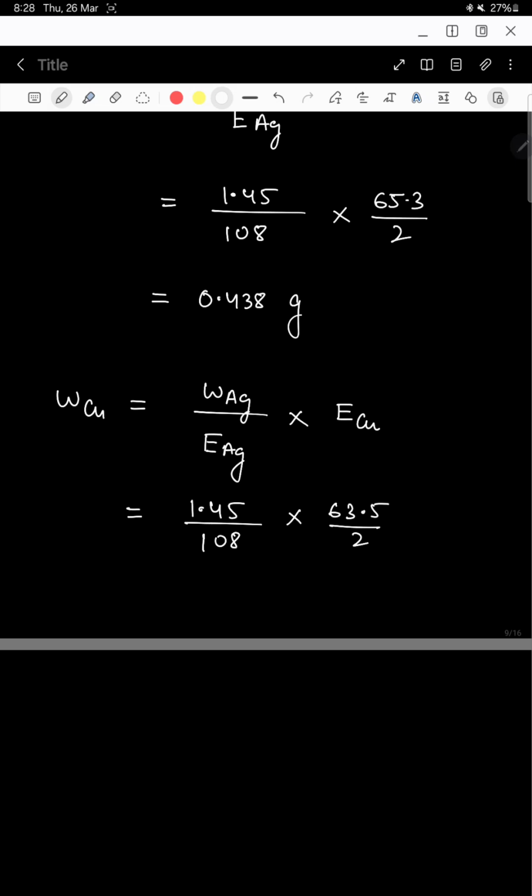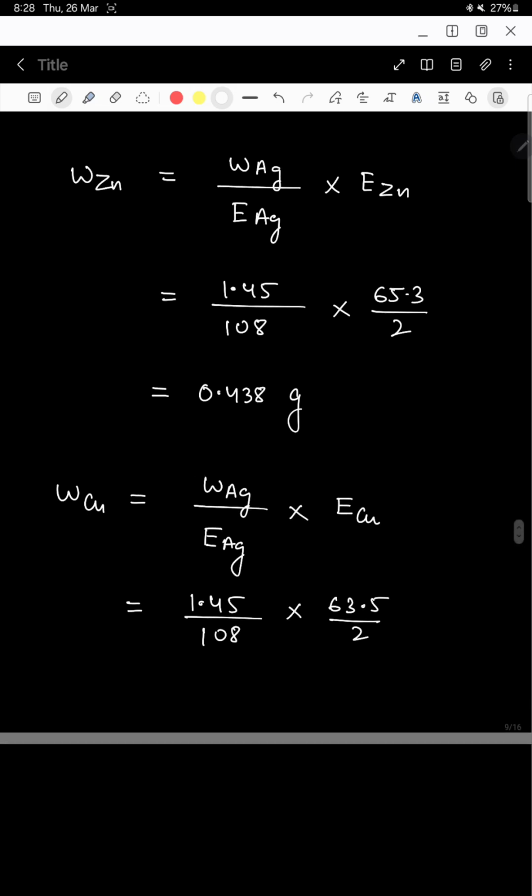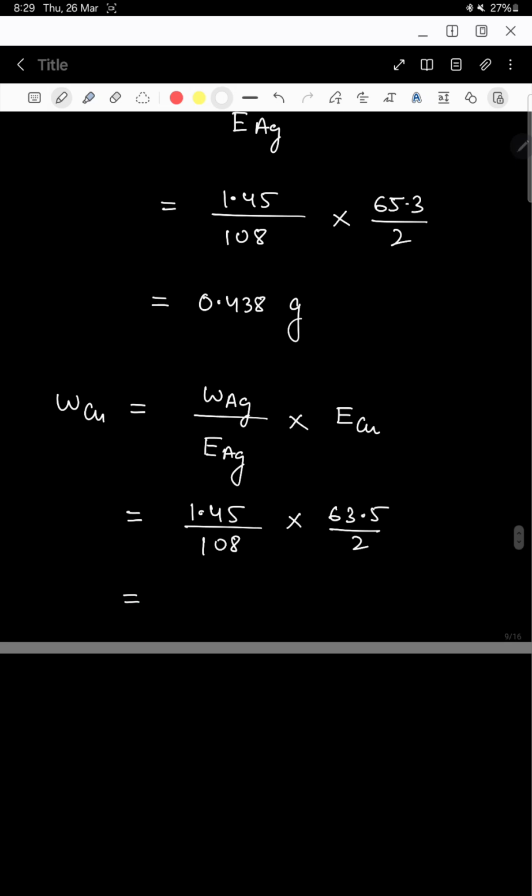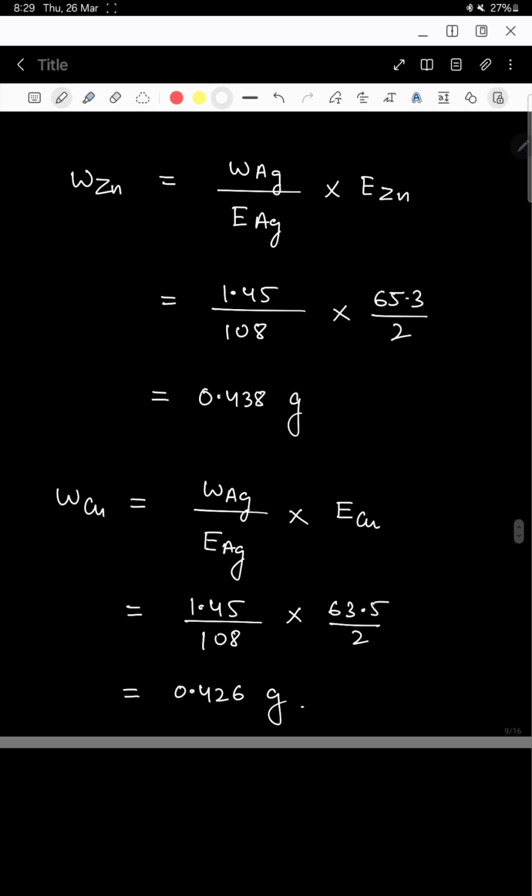So this is how you can calculate the mass of copper. So 1.45 into 63.5 divided by 108 divided by 2. So it comes out to be approximately 0.426 gram. So that's your answer.